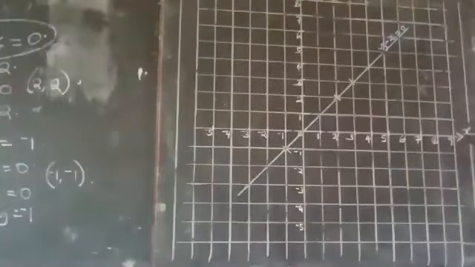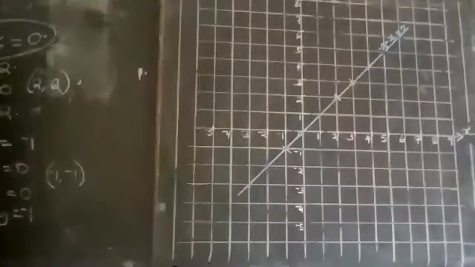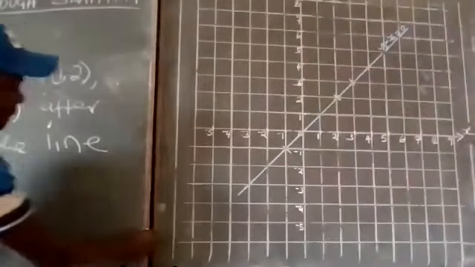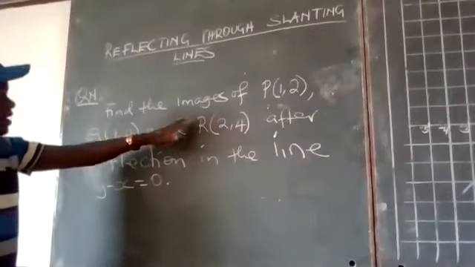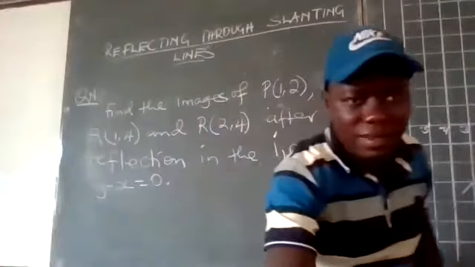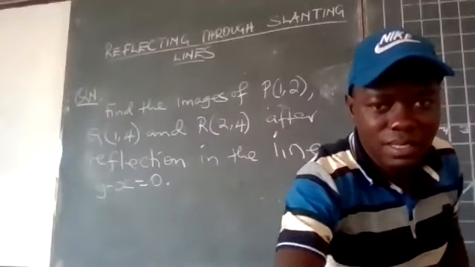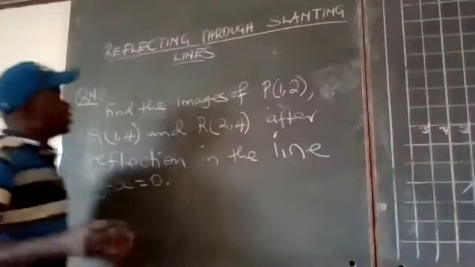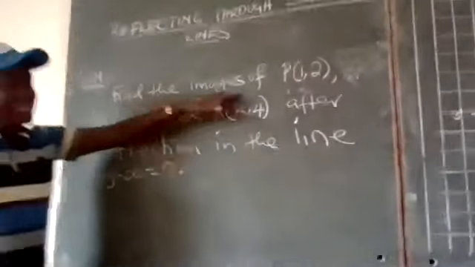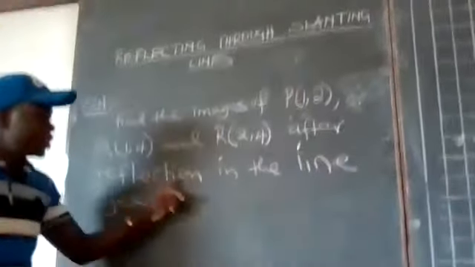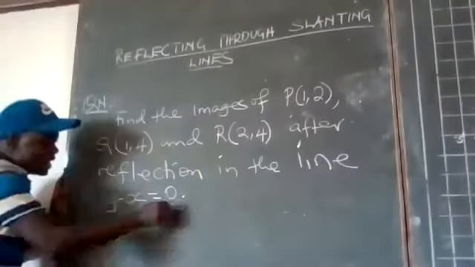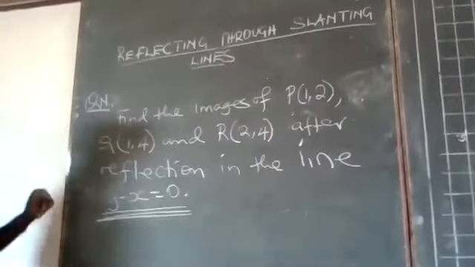Now I bring back the question. Find the images of P, Q, and R after reflection in the line y minus x is equal to 0.